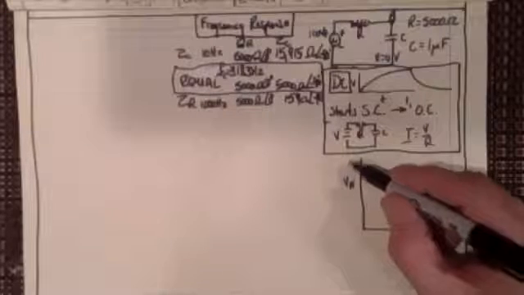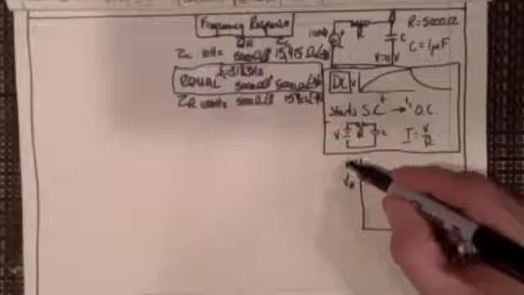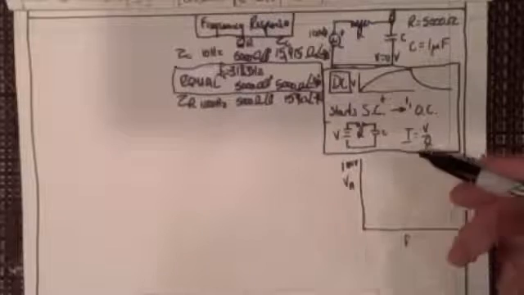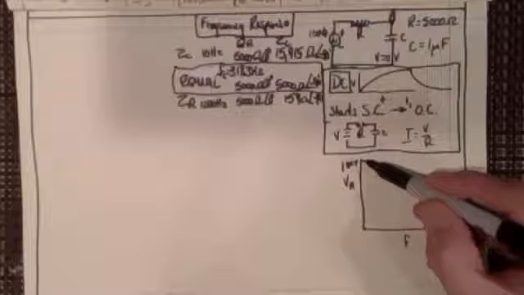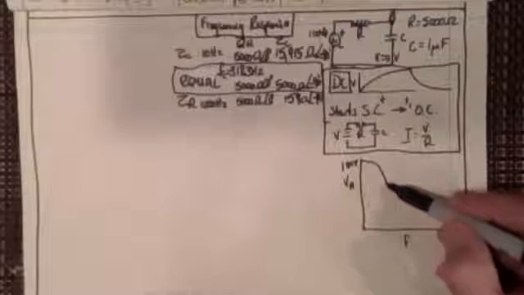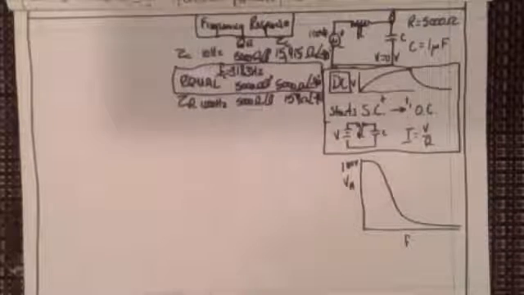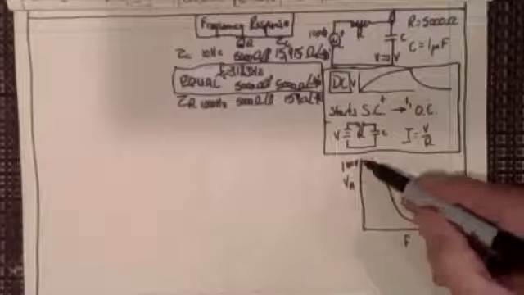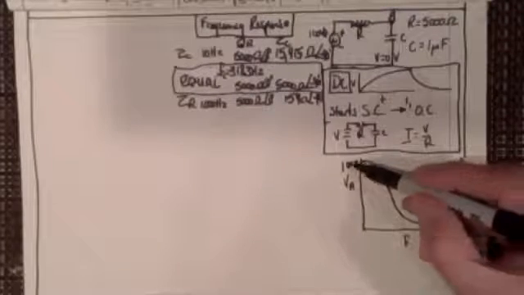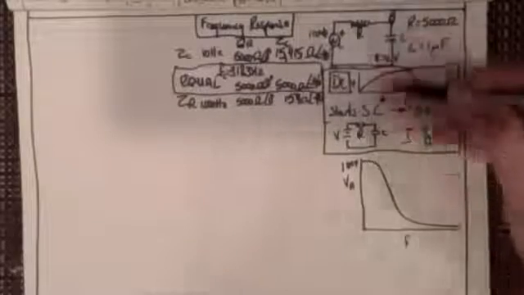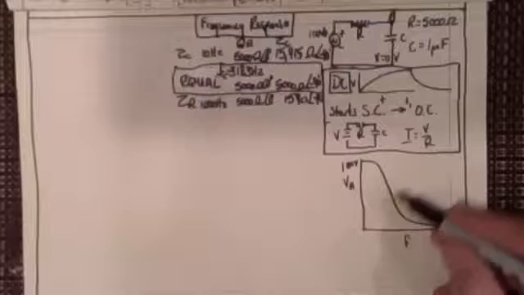This would start off with 100 volts, right? So it would start off with 100 volts, and it would look like this. Right? So the voltage at A would start very close to the 100 volts, and then it would drop off very quickly as we go further and further away.